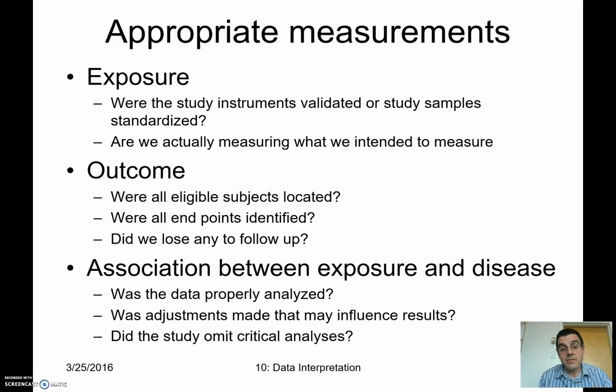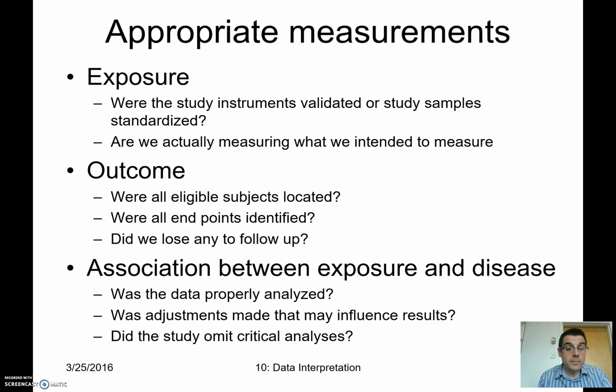As I said, with West Nile virus or Zika, there are numerous individuals who become infected and never even know they're infected. So here we have lost individuals, as well as the data that comes with them, and from an internal validity standpoint we may potentially miss some of those findings. And then, is there an actual association between the exposure and the disease? Did we properly analyze it?